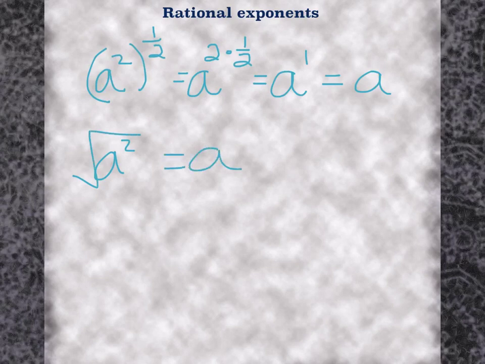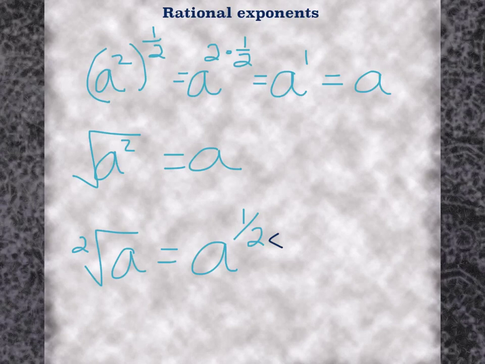So taking the square root of a is the same thing as taking a and raising it to the 1/2 power. All you have to do is think about the little index right here as this number underneath. The denominator of your rational exponent is your index. So that also works if I were to say a to the 3rd power.